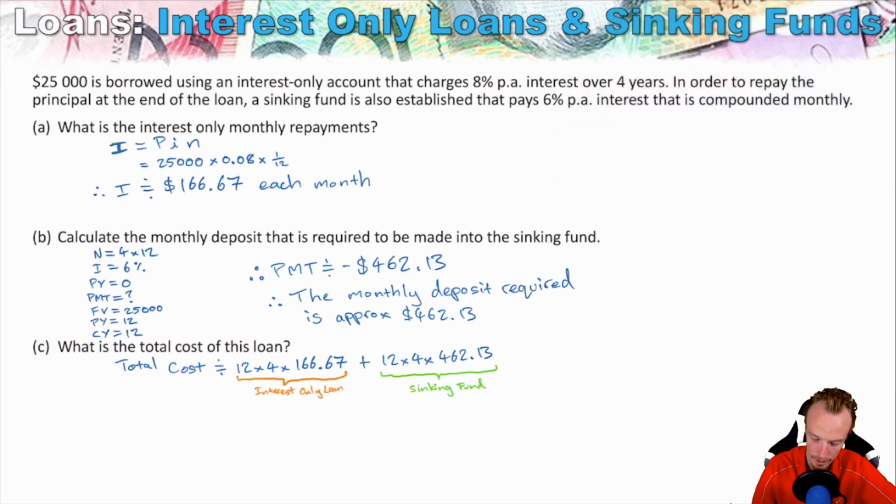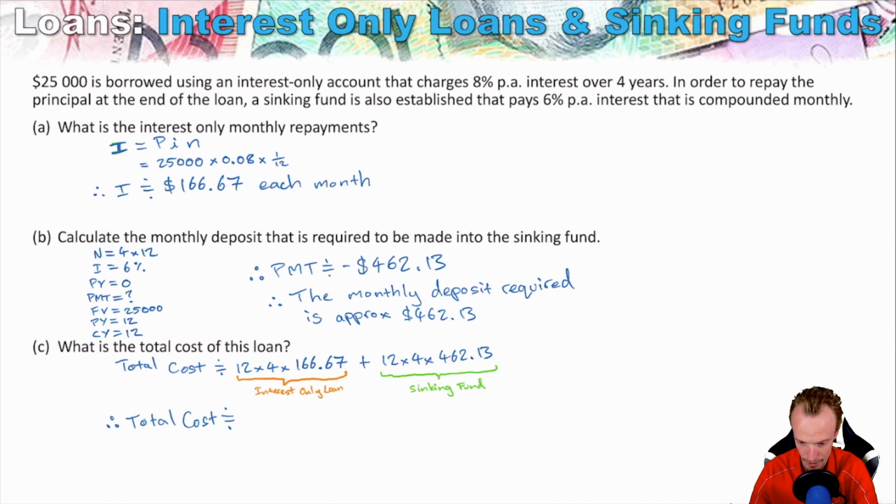So now when we're looking at this, our total cost for the loan itself, got too many calculators in front of me, 12 by 4 by 166.67.